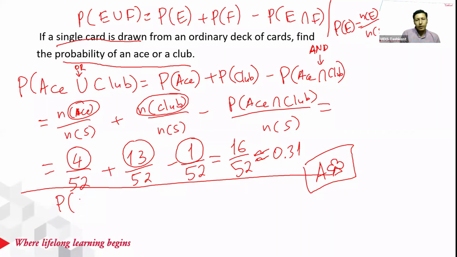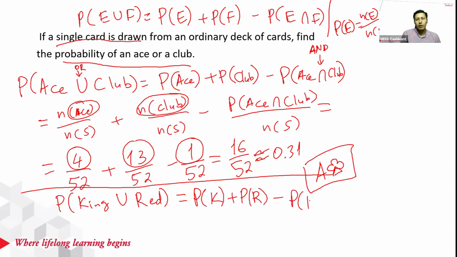Find the probability of getting king or heart or red. Let's say red. So P(king) plus P(red) minus P(red king). Kings: how many kings do we have? 4 out of 52. Red cards: how many red cards? 26.